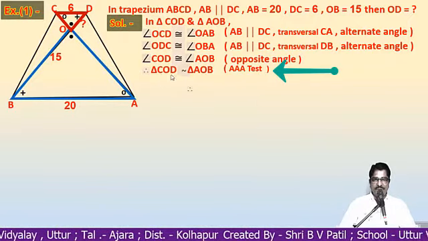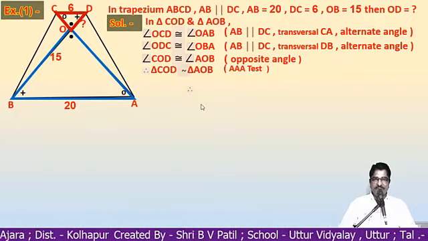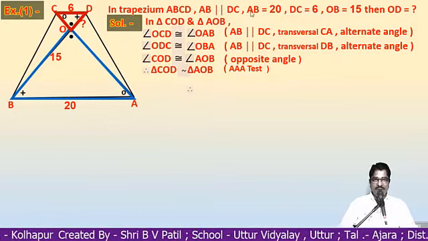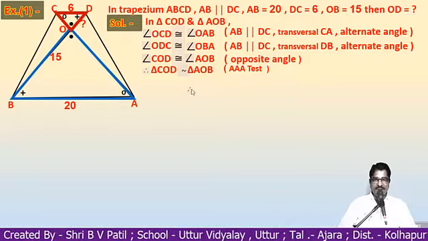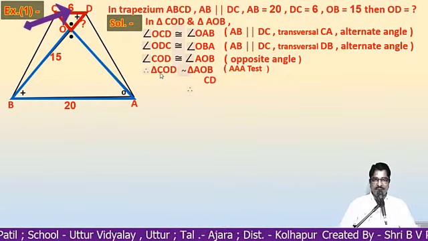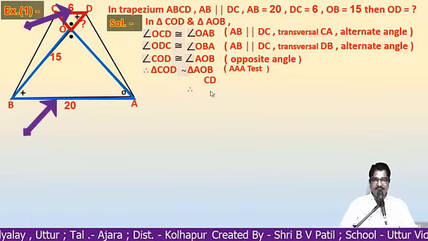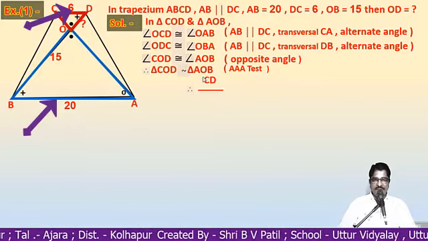Therefore, if two triangles are similar, what do we write as conclusion? We write the conclusion about sides, that sides are proportional. That is CD divided by AB, first and third.